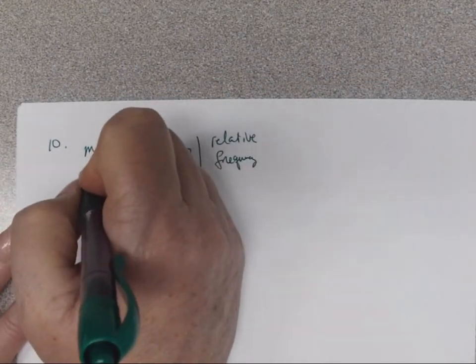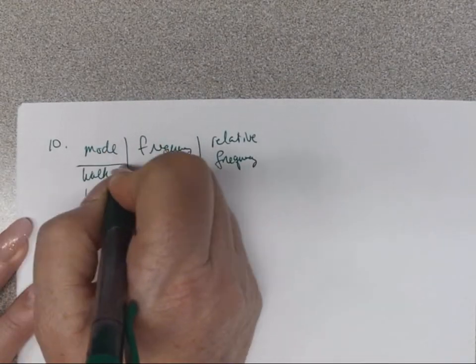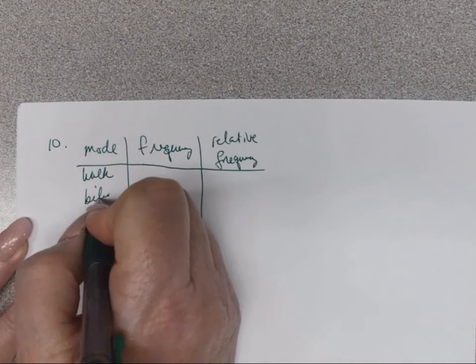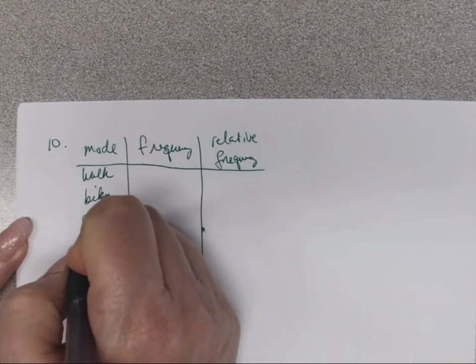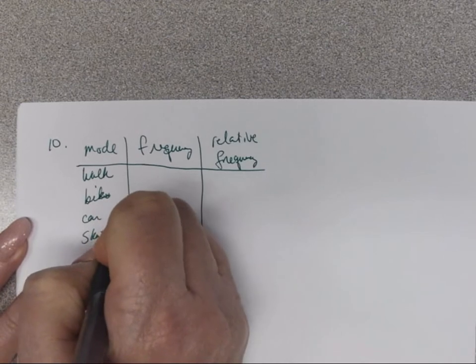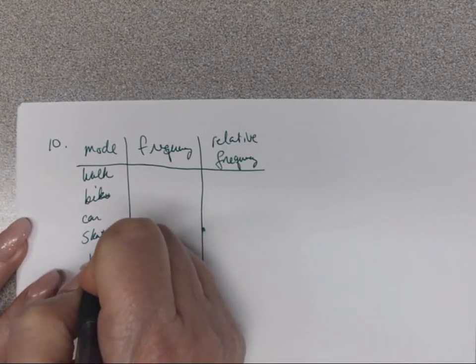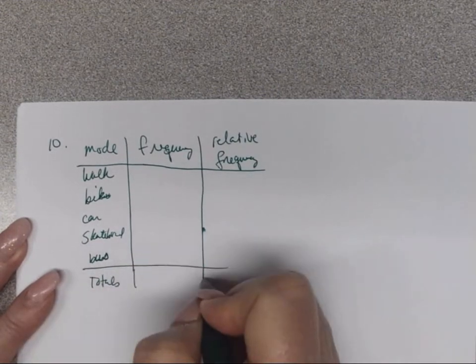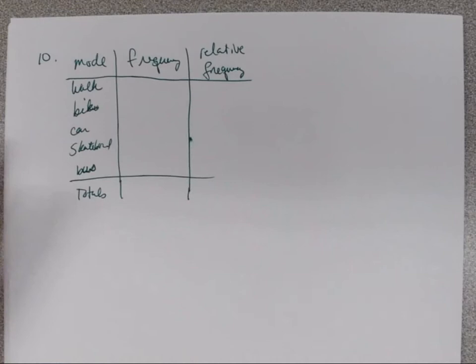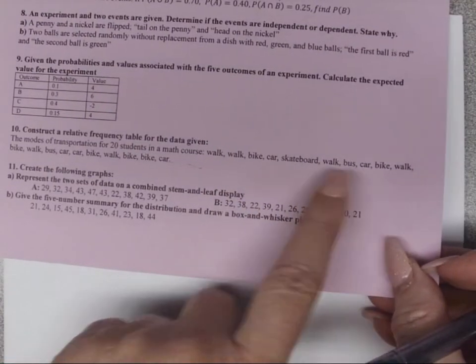We have a walk, a bike, a car, a skateboard, and a bus. And then we're going to have the totals down here. So those are the different modes of transportation: walking, biking, skateboarding, and so forth.